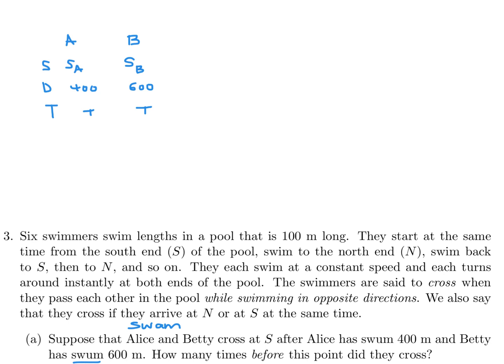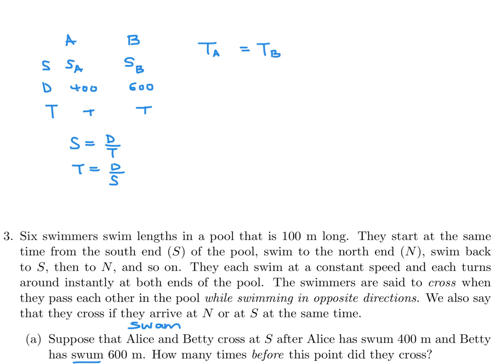Okay, so now of course you can use that formula. Speed is equal to distance over time, and then we'll isolate it for time, so distance over speed. Now their times are equal, so the time for Alice is the same as the time for Betty.